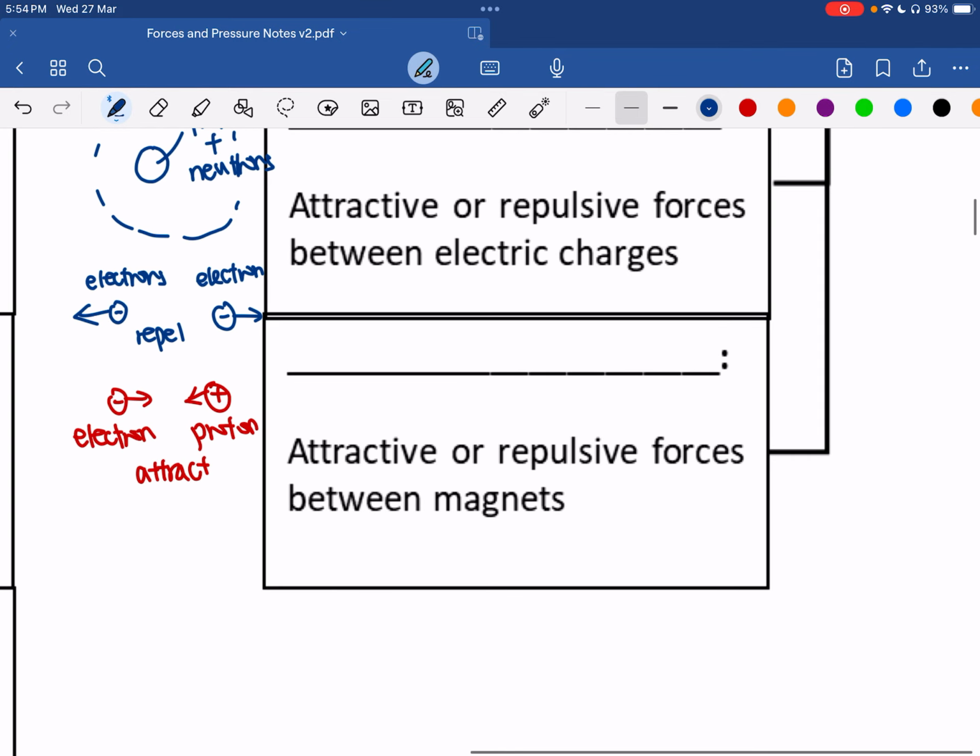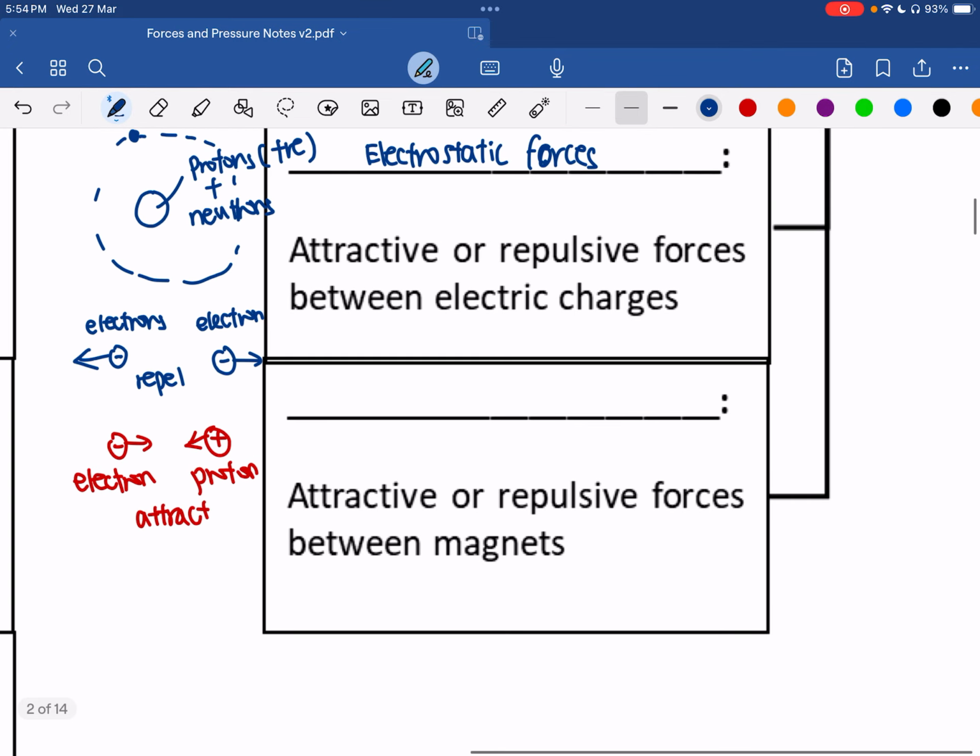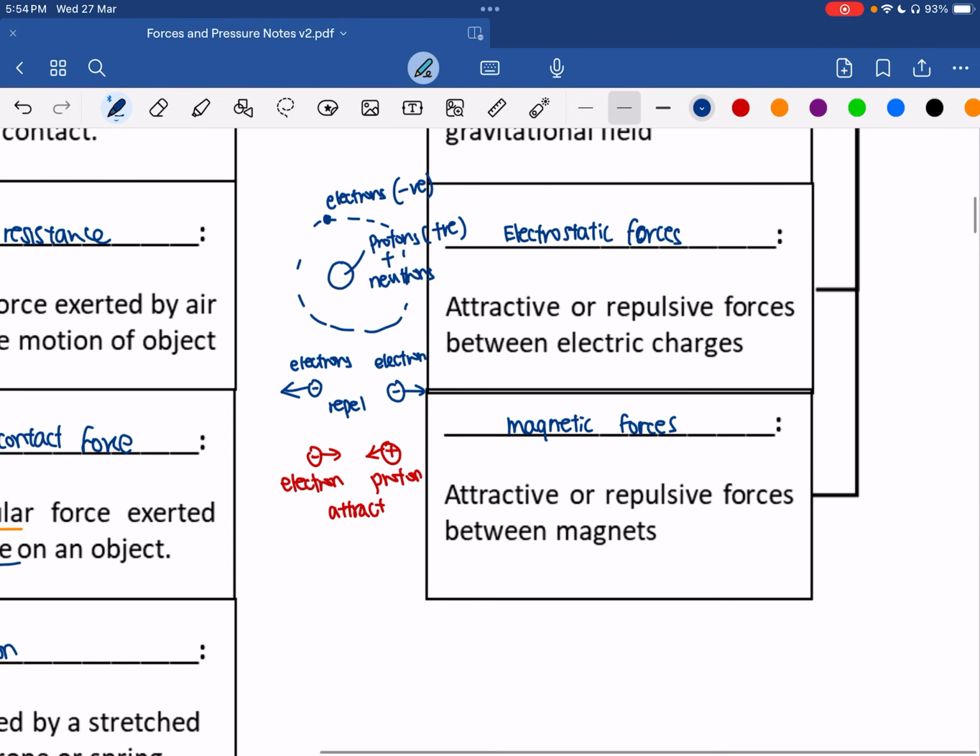Last but not least, magnetic forces. There is an attractive and repulsive force between magnets, something you have learned since primary school. Unlike poles will attract.